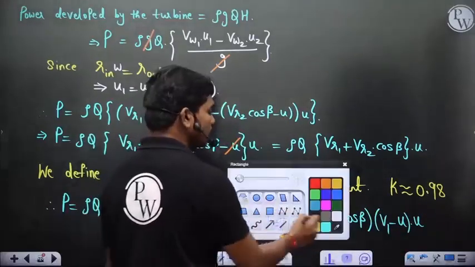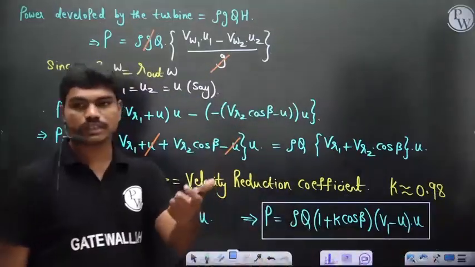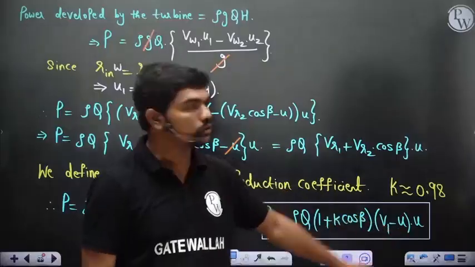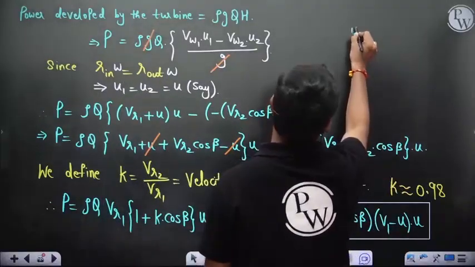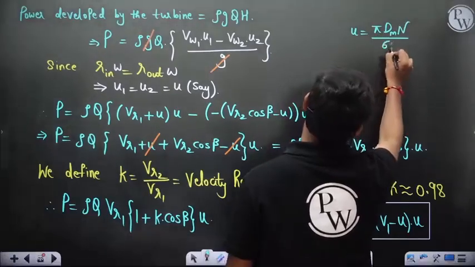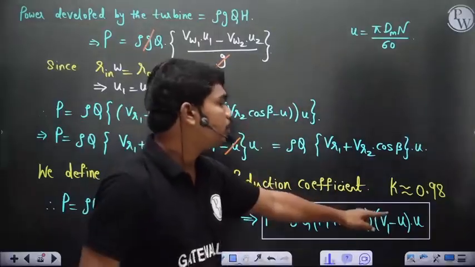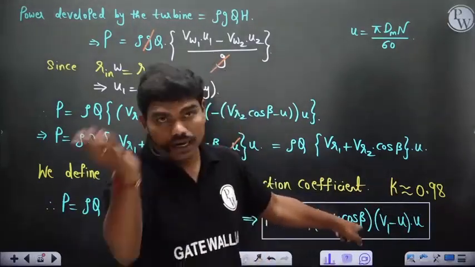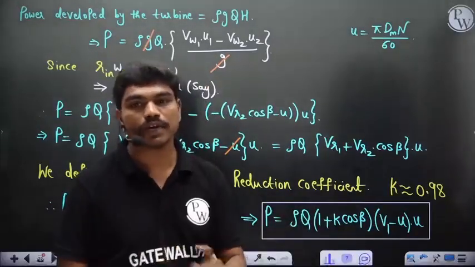If you have a tachometer, you can measure the rotational speed of this Pelton wheel, because U is equal to pi D N by 60. If you know N and the mean diameter, you can calculate U. Velocity of the jet from the nozzle can be figured out. K is known, beta design is known, and density and discharge are also known. So you can calculate the power developed by the Pelton wheel.